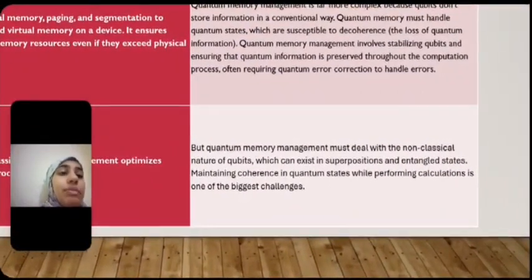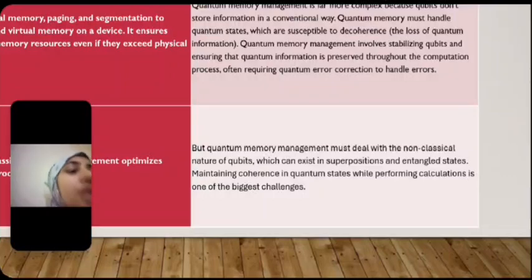But quantum memory management must deal with the non-classical nature of qubits, which can exist in superpositions and entangled states.